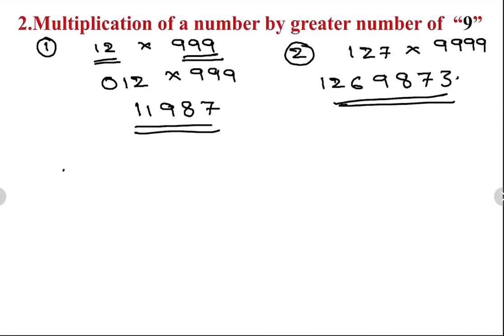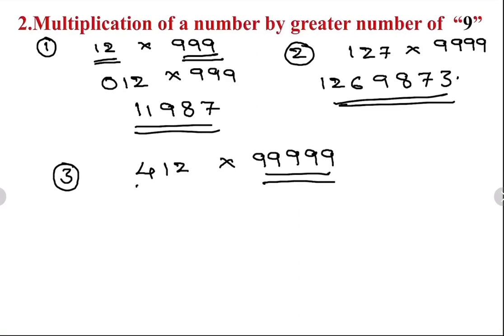If we go with another example, 412 is multiplied with 99,999. So here 5 digits are there, here only 3 digits. So keep 2 zeros, so this will become 00412. Then it will become 00411, subtract 1 from it. Then 9 minus 0, 9. 9 minus 0, 9. 9 minus 4, 5. 9 minus 1, 8. 9 minus 1, 8.